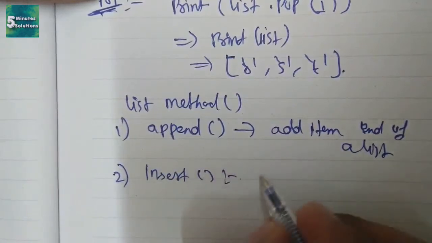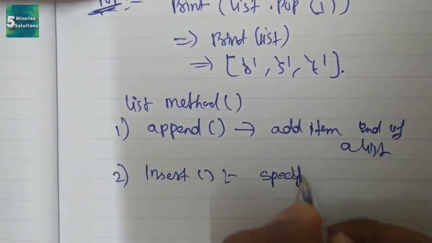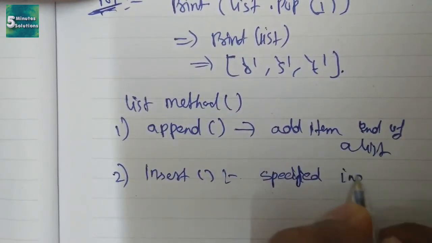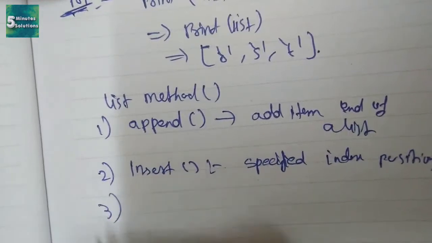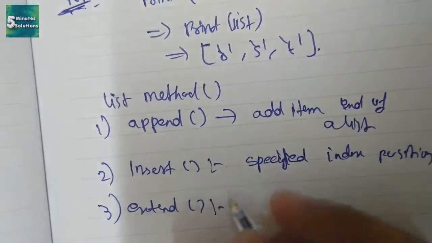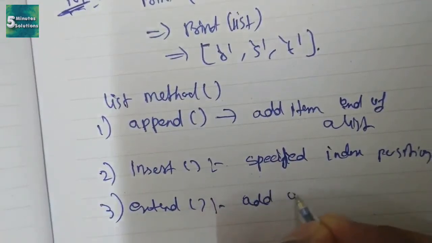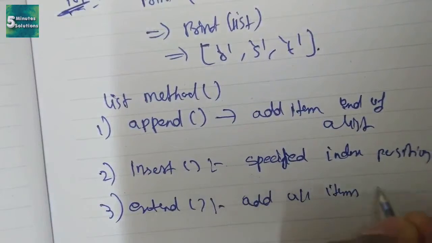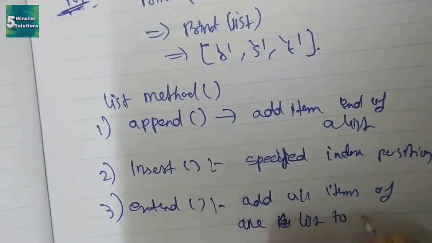The insert function is used to insert an item at the specified index position. And third one, extend. The extend function is used to add all items of one list to another list.